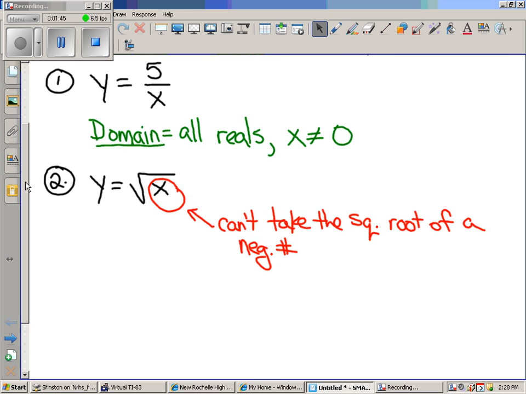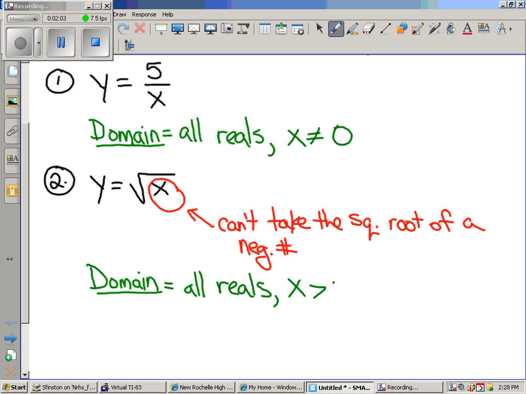Meg, what is it? Okay, that's good. All reals, x can't equal a negative number. I'm going to write it out a little bit differently. I'm going to say the domain is all reals, and x has got to be greater than or equal to 0. Is that cool?